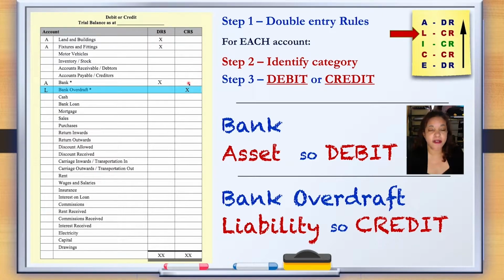You will then have to know, because we are doing it now, that if you see the word bank, so they didn't put bank overdraft, they put bank, however the amount is on the credit, that means that is a bank overdraft. Okay, so you're not going to have to deal with that here now, but in the future, so just giving you a heads up. All right, here, nice and easy, bank account, debit column, bank overdraft, credit column.